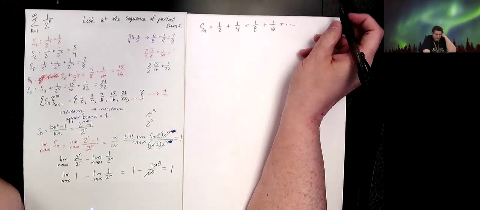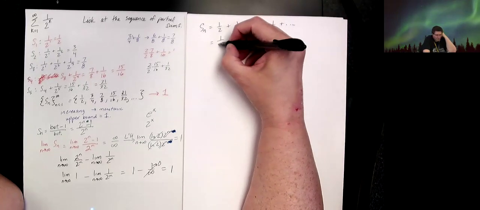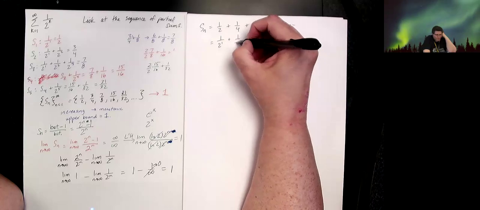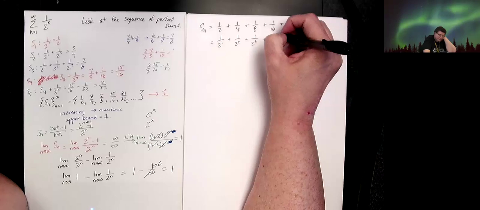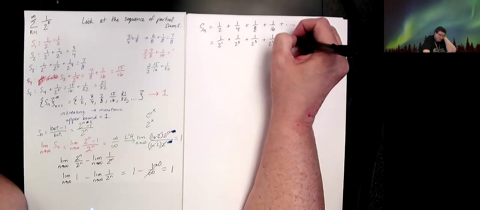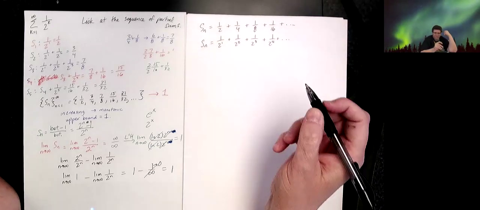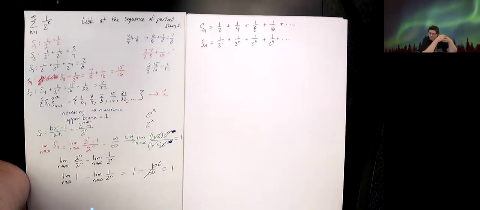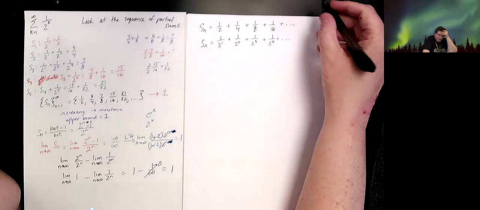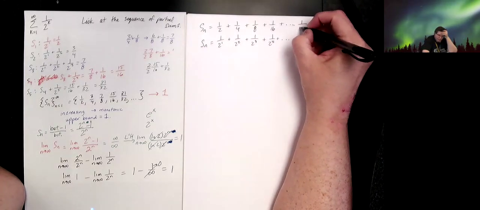I'm gonna write this as 1 over 2 to the first plus 1 over 2 to the second, and this is going all the way up to 1 over 2 to the n on both.